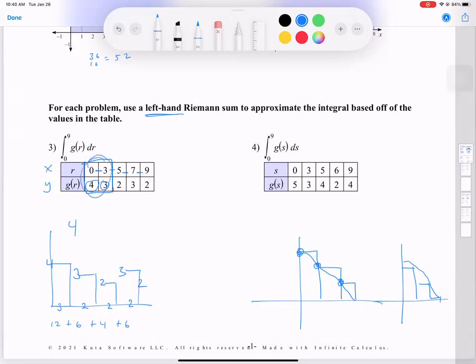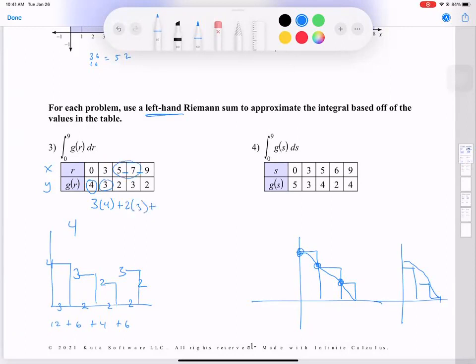Another way of looking at it: my first set of numbers, the base is 3 and the y value is 4 because I'm choosing the left value. The next set, the base is 2, and the height is 3 because I want my left number.